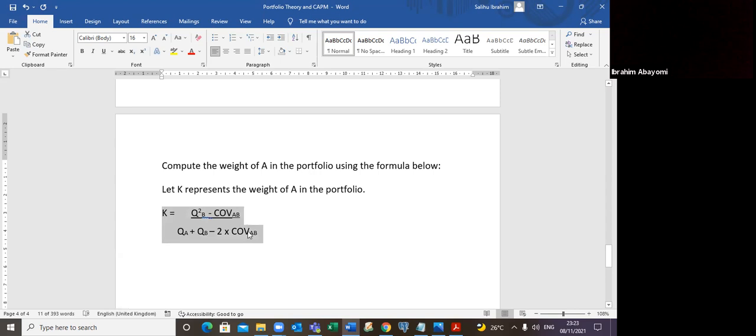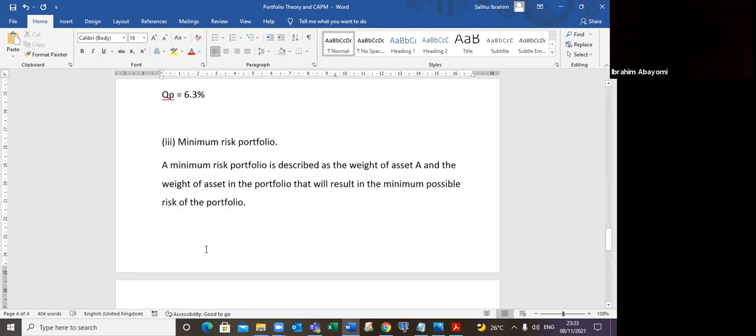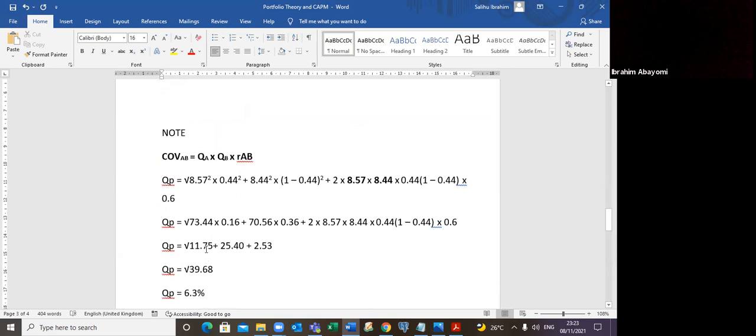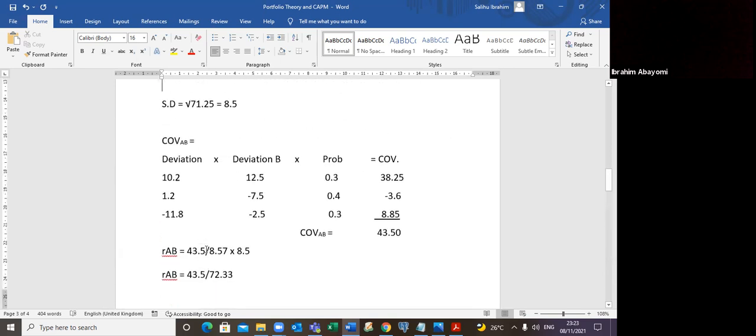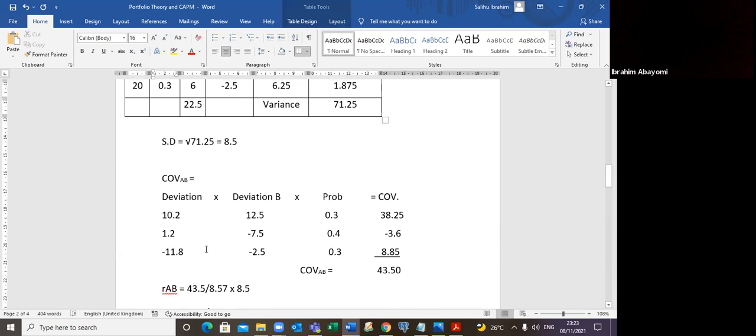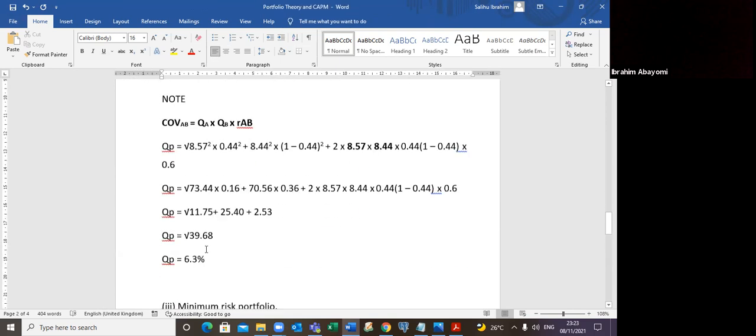So in this question, I already know my standard deviation of B. What is the standard deviation of B? I'll just go there and pick it. Let me check. Standard deviation of B is 8.5.